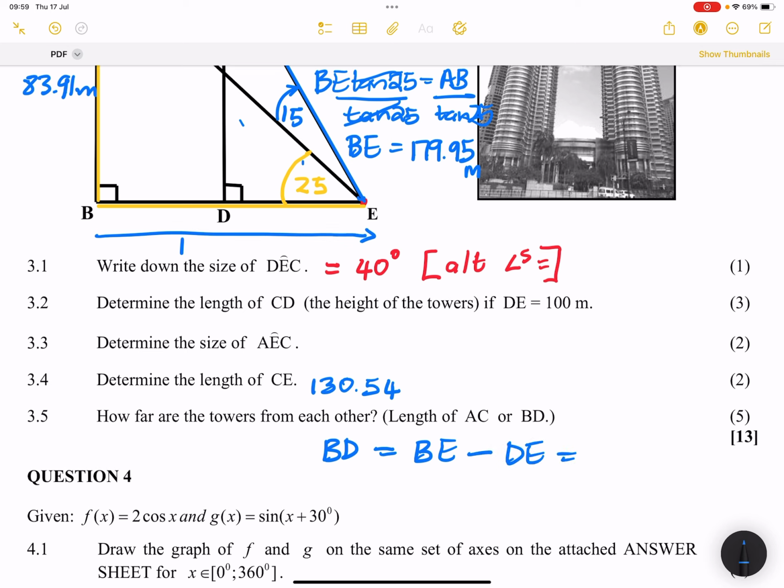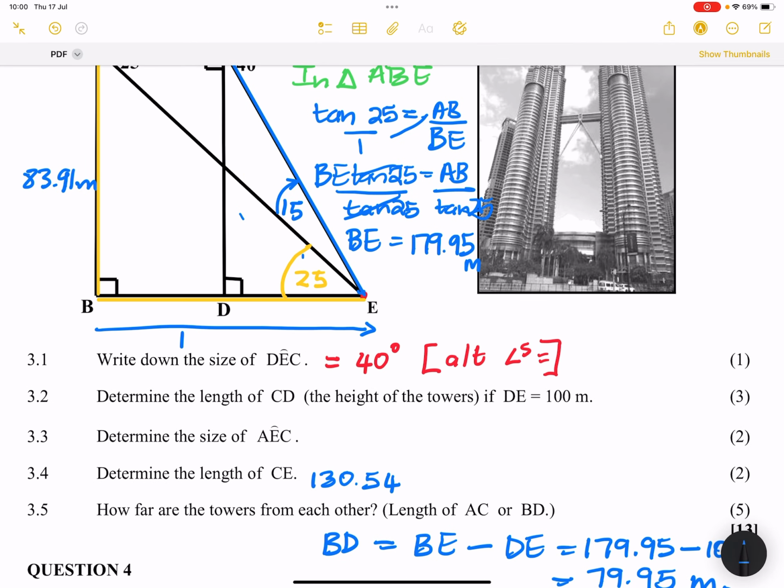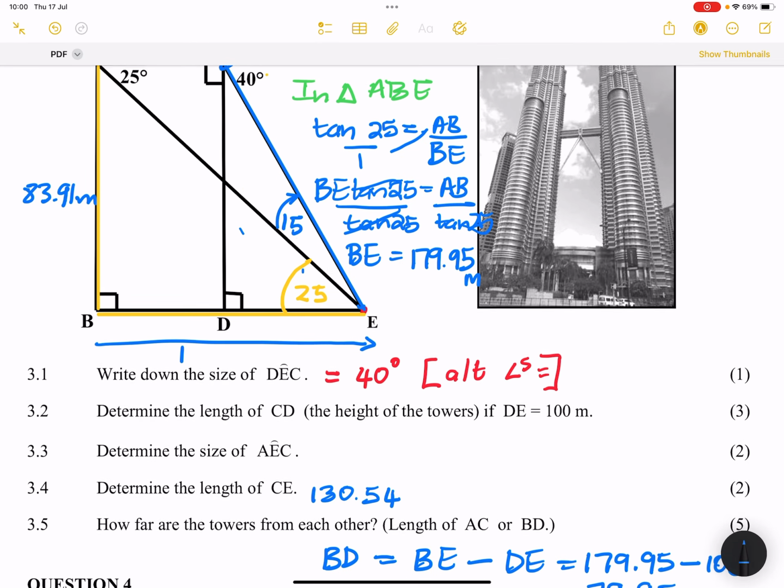And so that's 179.95, subtract 100, and so that would be 79.95 meters. Well, if you round that off, that would give you 80, okay? But I'm going to leave it in 2 decimal places like that.